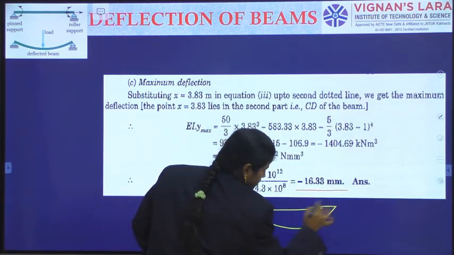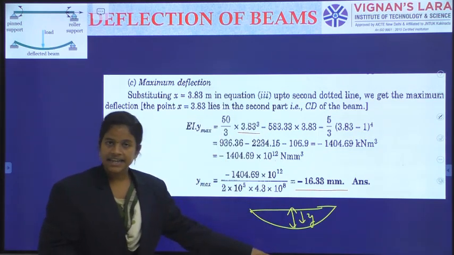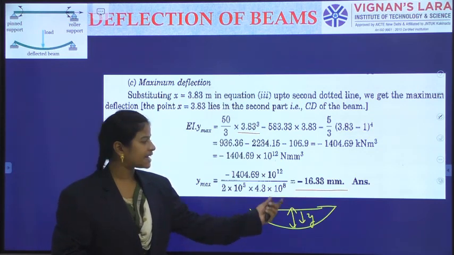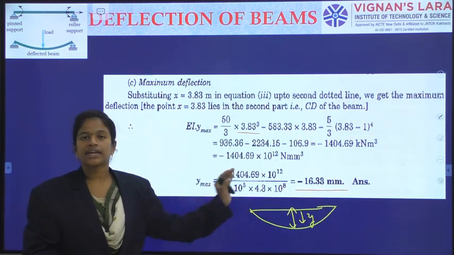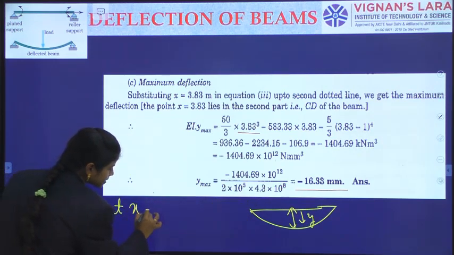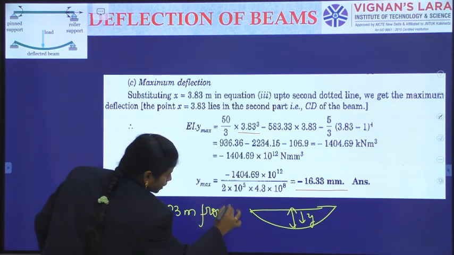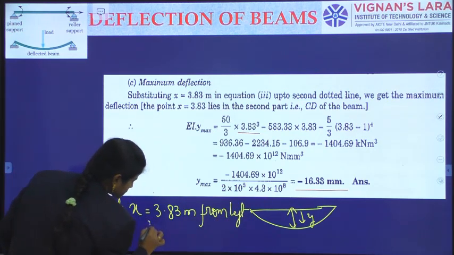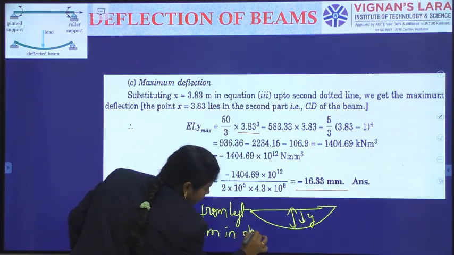Originally the beam is going like this, so downward y will indicate it as negative. So the deflection we can indicate as 16.33 mm at a distance of 3.83 from the left side. So at x is equal to 3.83 meter from left, the corresponding y is equal to 16.33 mm in downwards.